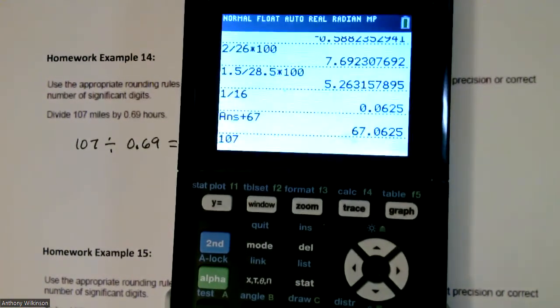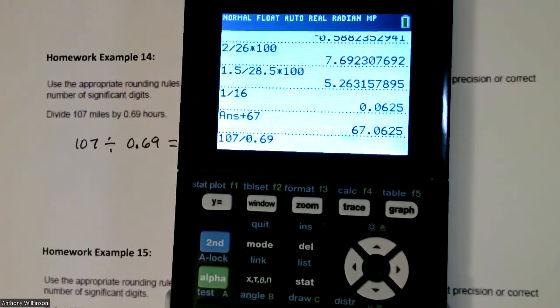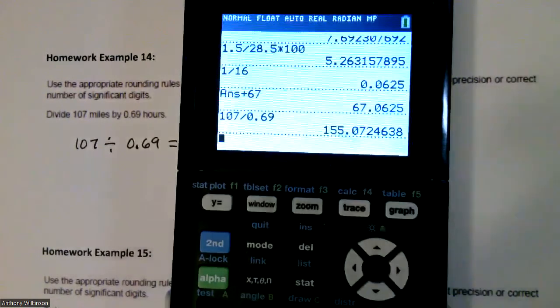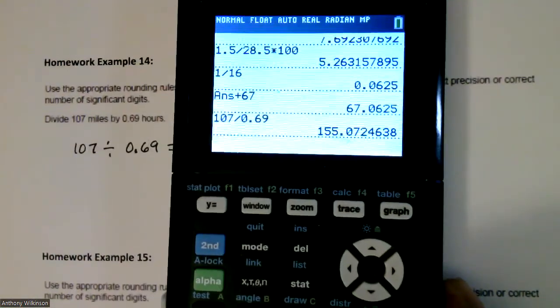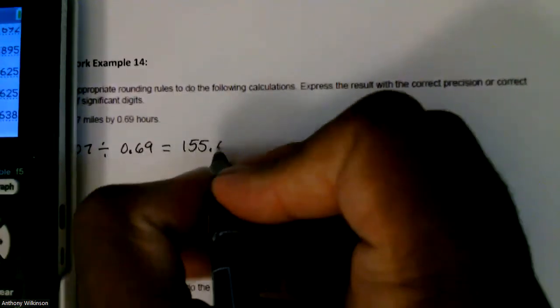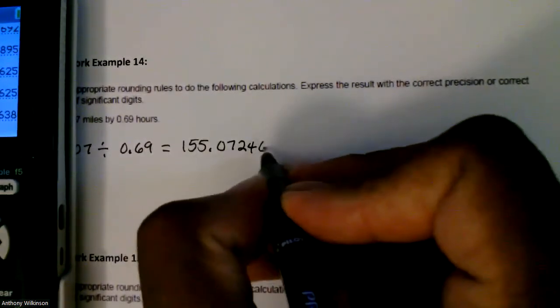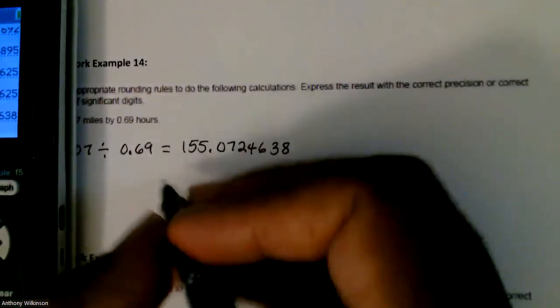So 107 divided by 0.69. Here I get 155.0724638. So let me go ahead and write that whole thing out. 155.0724638.